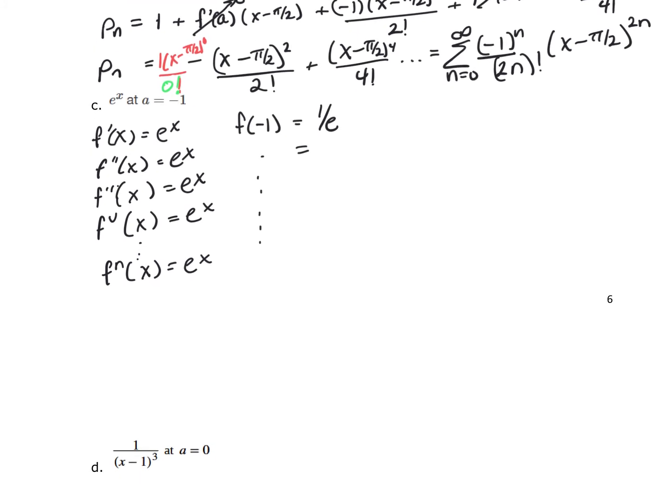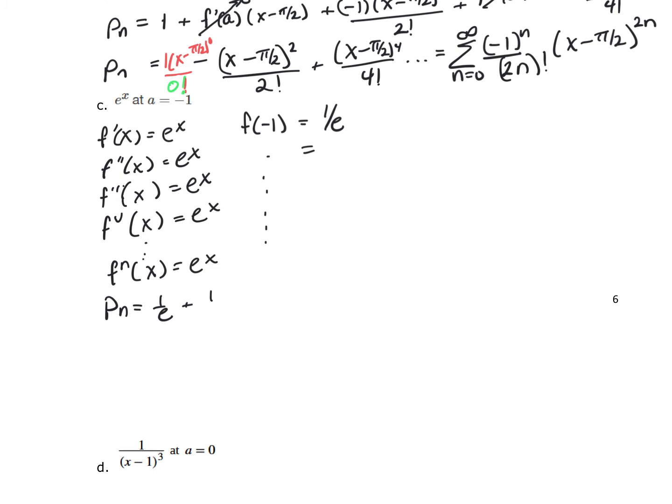So then my p sub n is equal to my f of a, which is 1 over e, plus 1 over e times x plus 1, plus 1 over e times x plus 1 squared over 2 factorial, plus 1 over e times x plus 1 cubed over 3 factorial, plus dot, dot, dot.